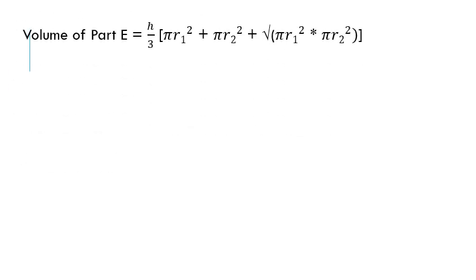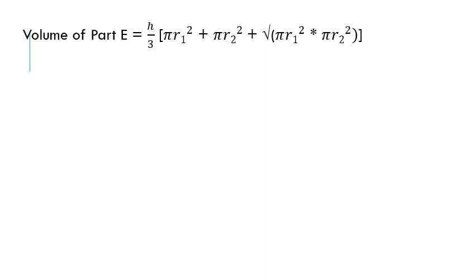Volume of part E, how does it look? It is again a frustum of a cone. Frustum of a cone, h by 3, area of the base plus area of the top face plus square root of area of the base into area of the top face. Formula is the same. Area of the base, it is a circle, pi r square.